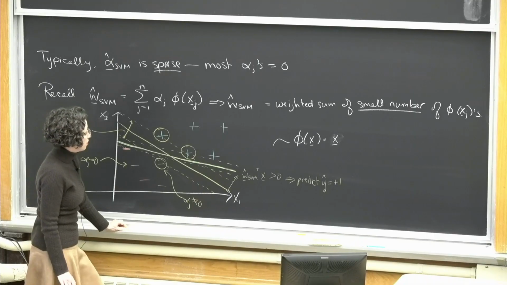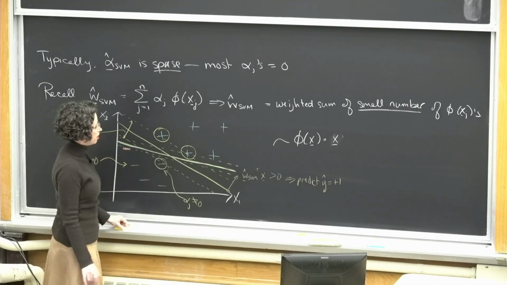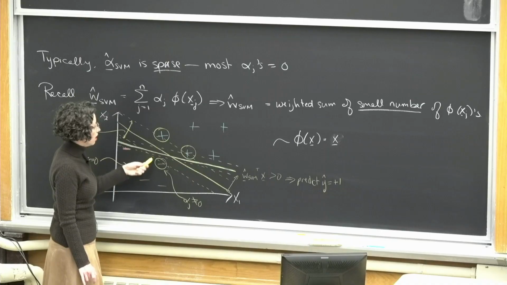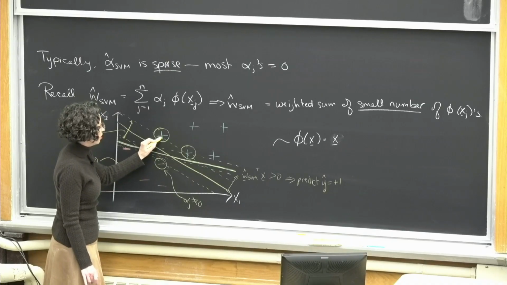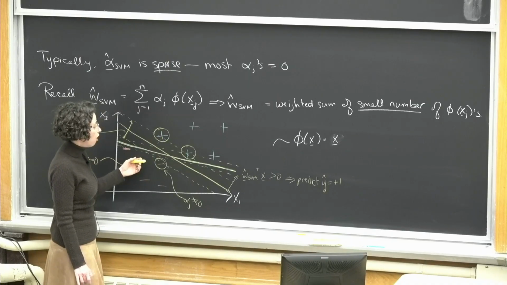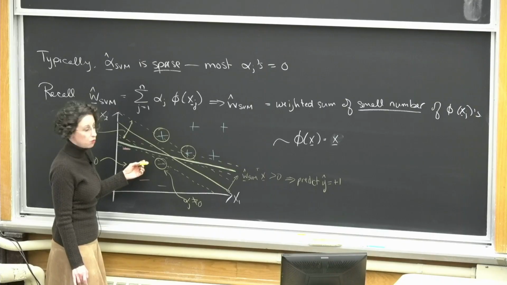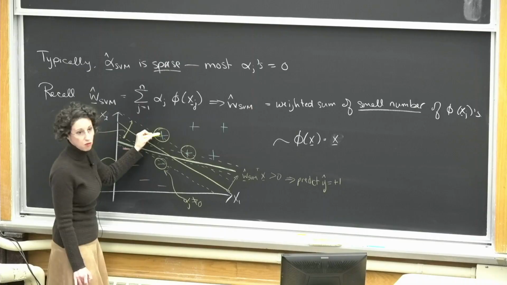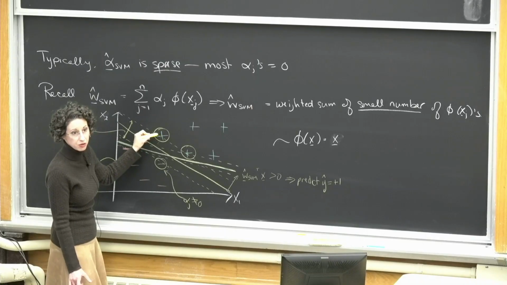Okay, maybe I misheard you, but I thought what you said is that what we're trying to do is minimize the distance between our training feature vectors and the decision boundary. And I'm saying, no, when they're correctly classified, we want them to be far from the decision boundary. We don't want to draw our decision boundary, say where this dashed line is, so that some of our samples are right on the decision boundary.